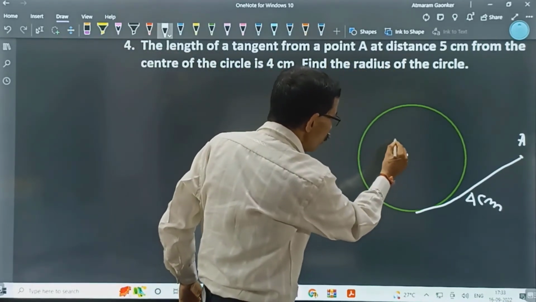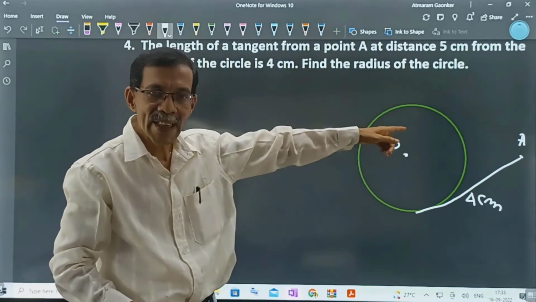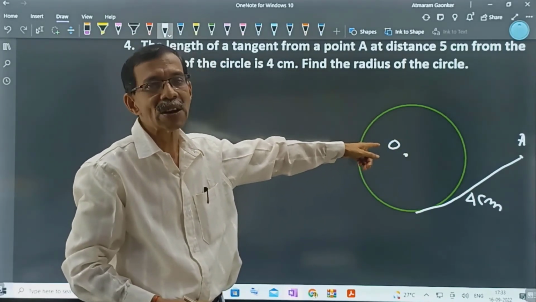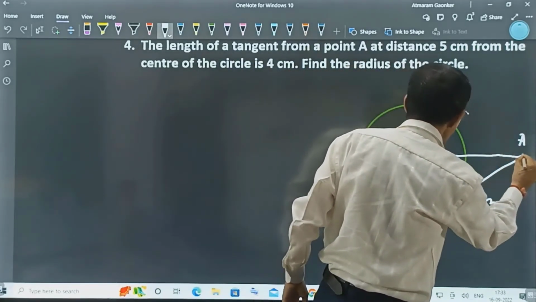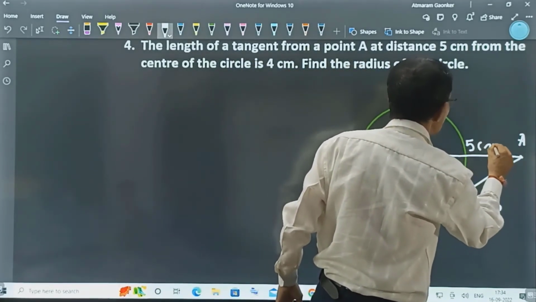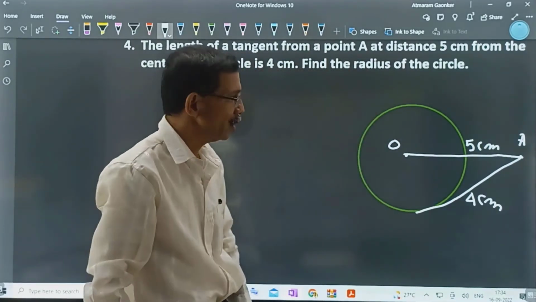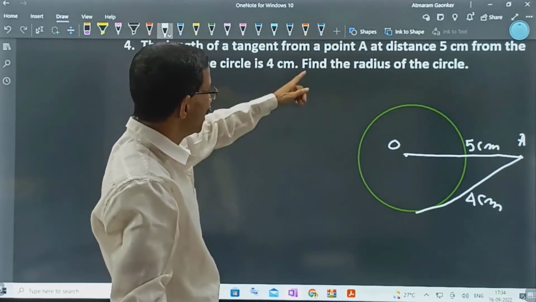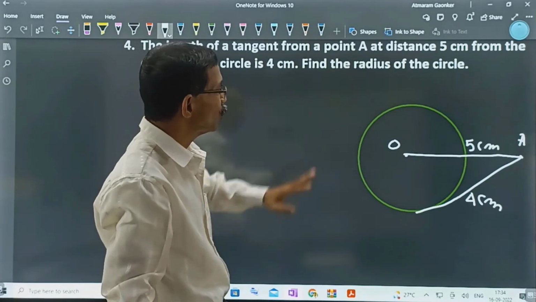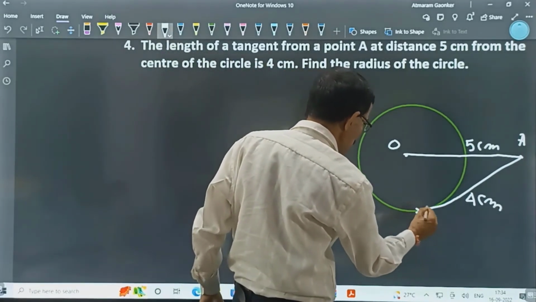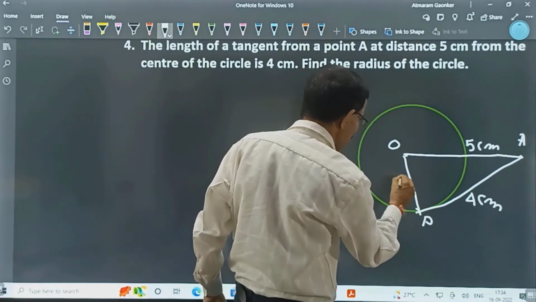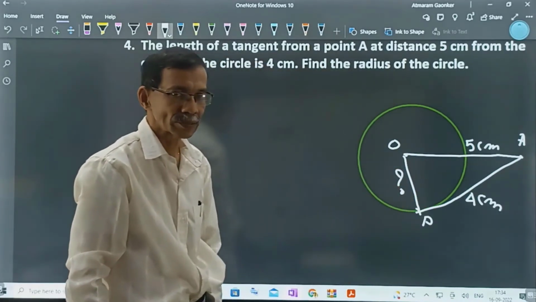So if O is the center, A is 5 centimeters away from the center. So when you join OA, this works out to be 5 centimeters. This is what is given. And lastly, what is asked is to find the radius of the circle. So if this point is P, then OP is the radius of the circle.